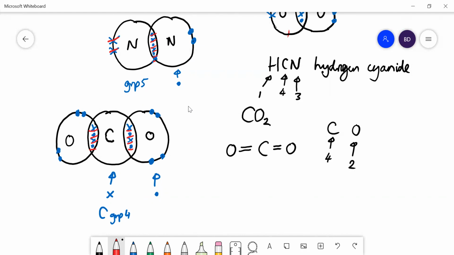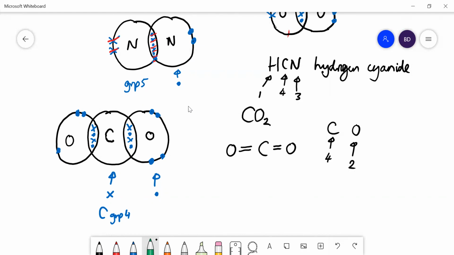And each oxygen thinks it's got 8 as well, so it's got 1, 2, 3, 4, 5, 6, 7, and 8 for each one. So that's the correct dot cross diagram for carbon dioxide.